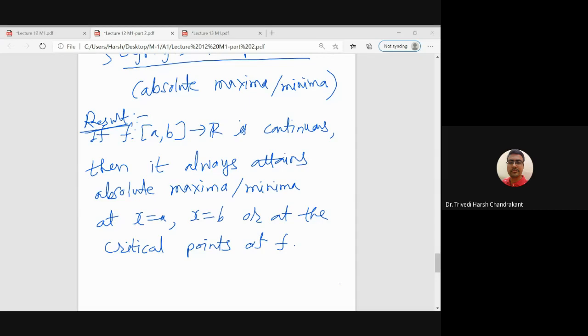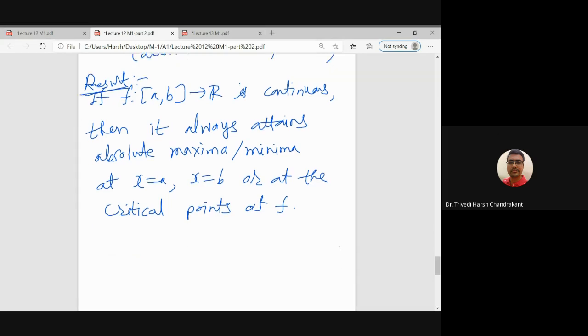These points a and b are known as the boundary points or endpoints of the interval.